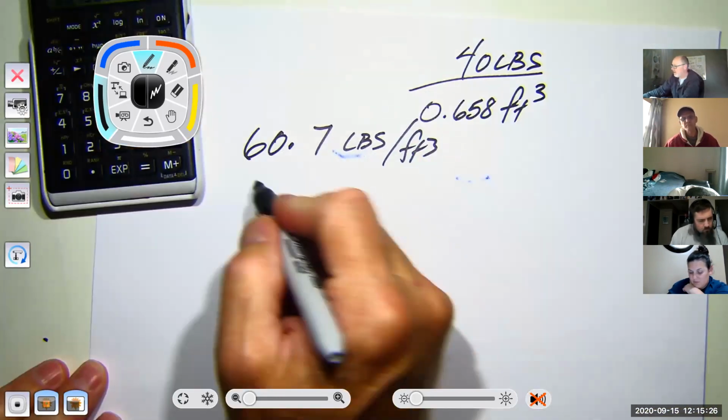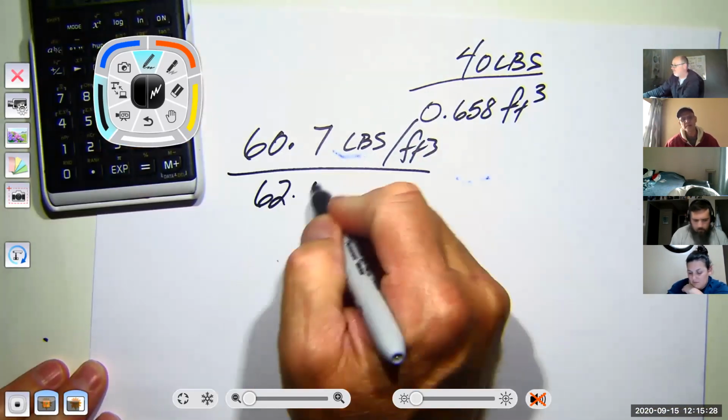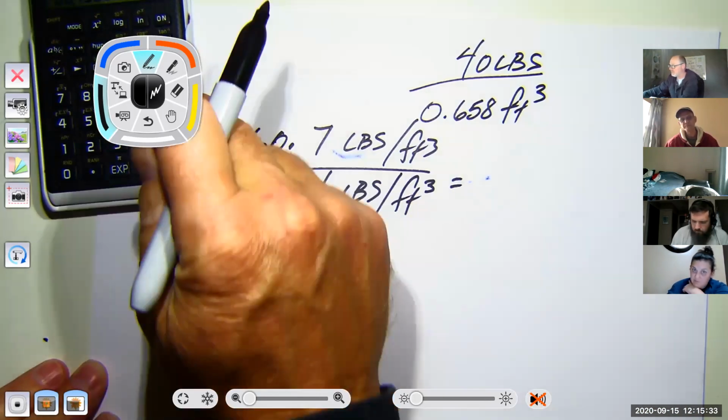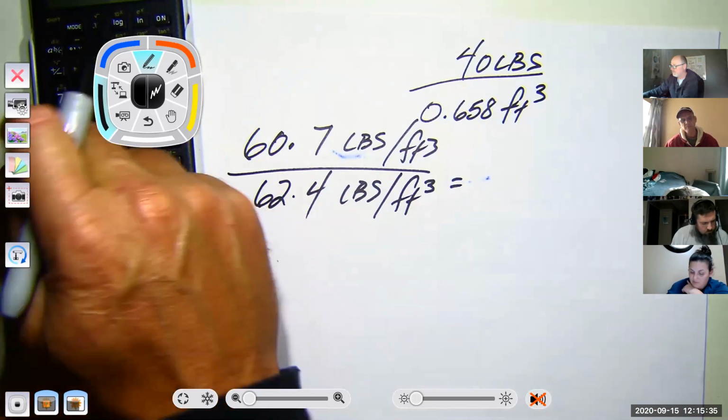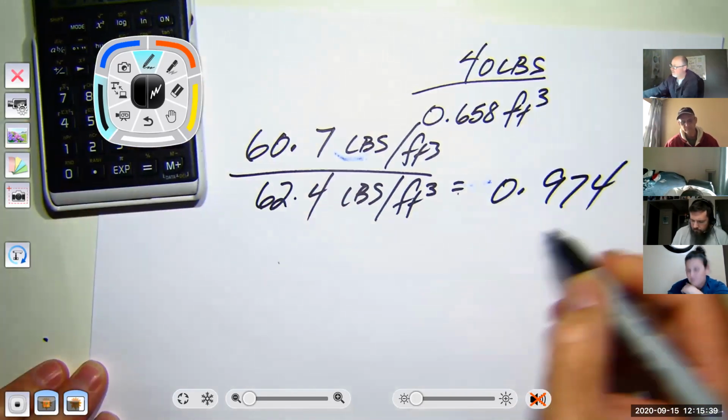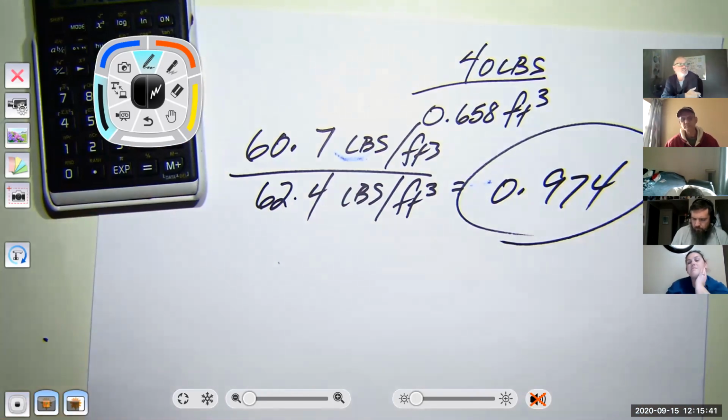And if I divide that by 62.4 pounds per cubic foot, I can get its relative density as 0.974. So it is lighter than water. It is going to float, but barely. It's not going to sink, it's going to float, and most of that object would be submerged in the water.